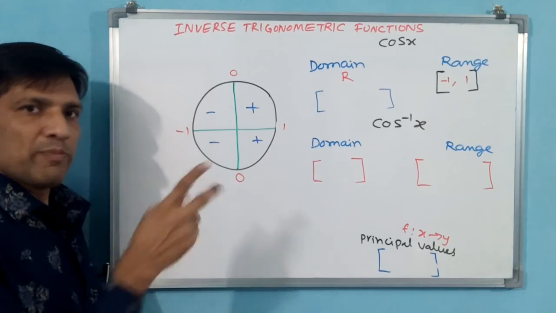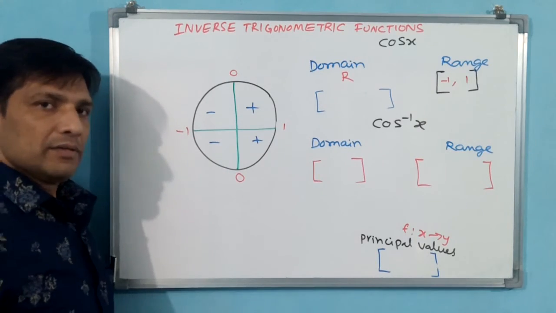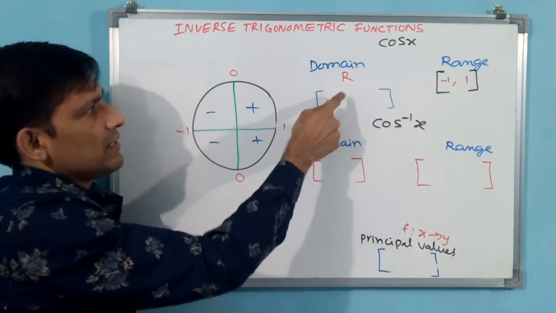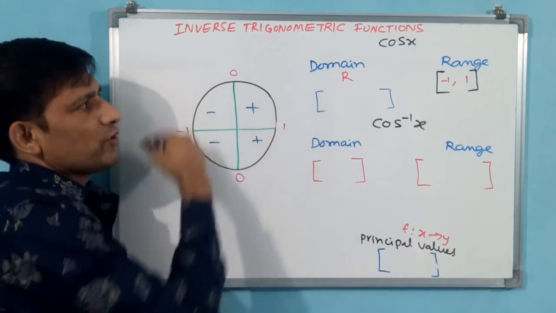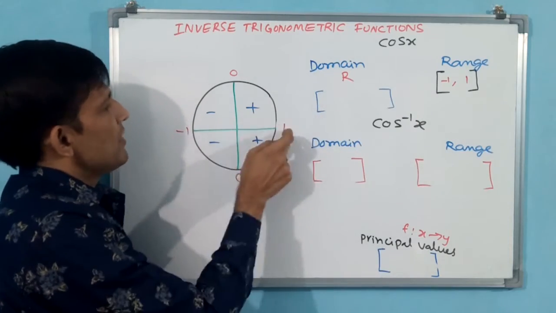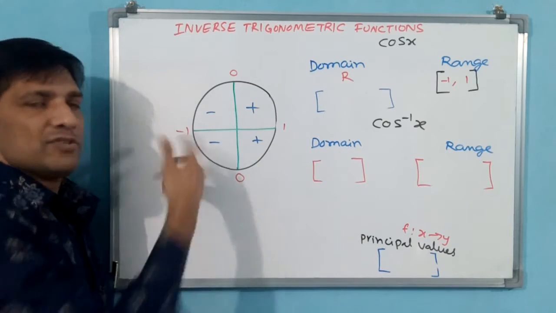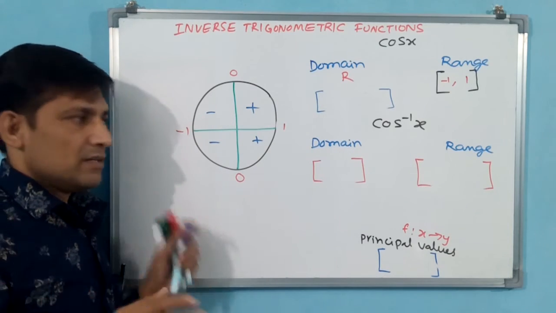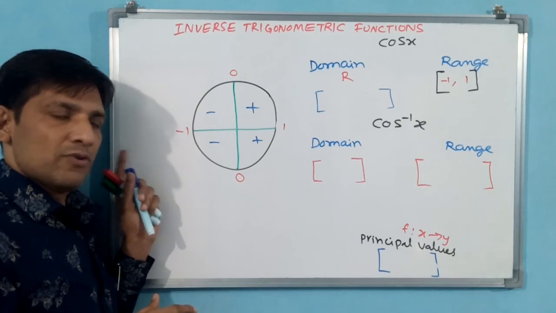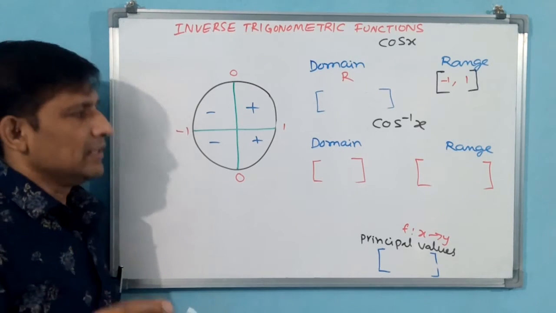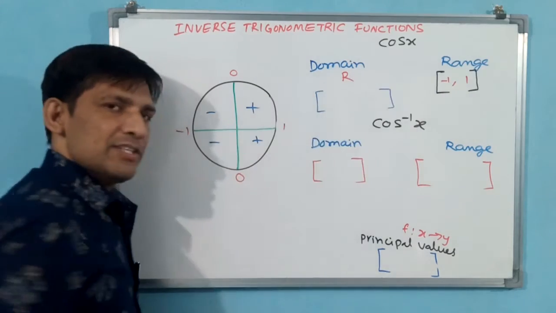Because only two should be positive, and the remaining two negative. Now if you observe here, for this one, domain R, you can give anything, but minus 1 to 1 only it is going to come. Minus 1 to 1 only values are going to come, with 0 in between. But less than minus 1, no. More than 1, no. You understand now? Then you understand domain and range.